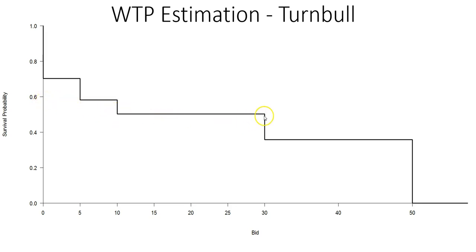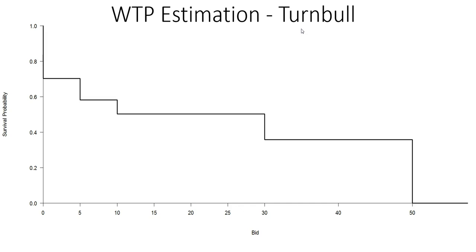When the bid increased to $30, the percentage that said they would pay for it is about 50%. And when the bid increased to $50, the percentage that said they would pay for it is 35% or so.